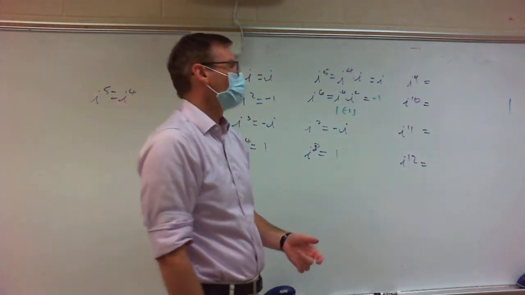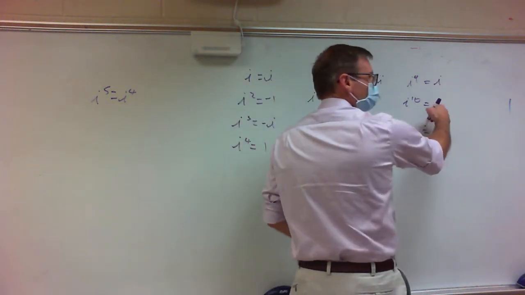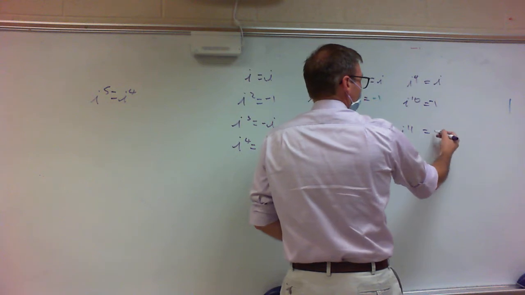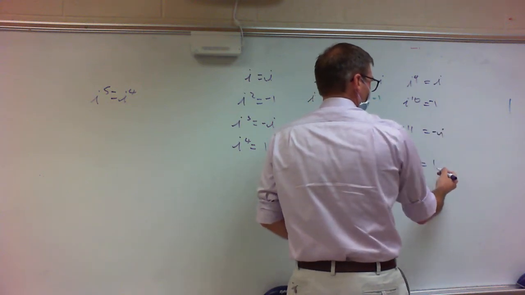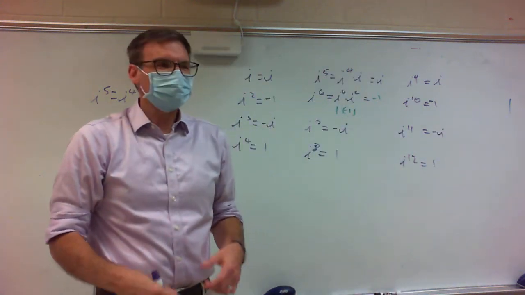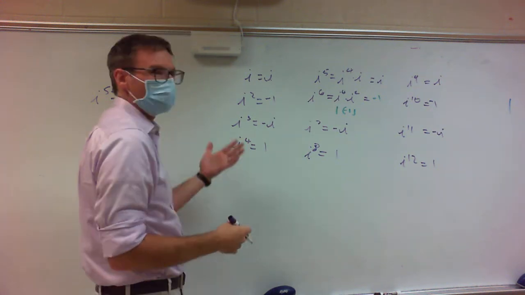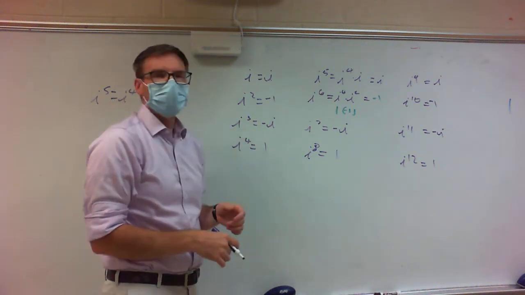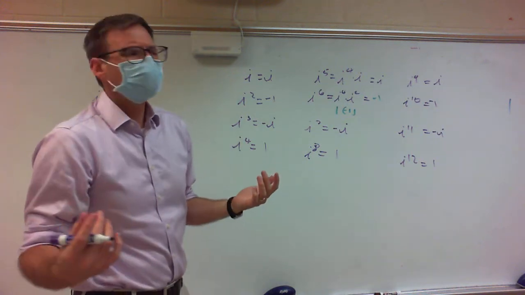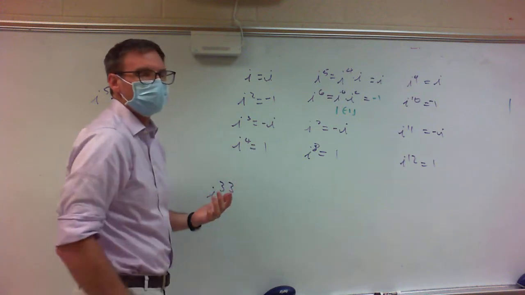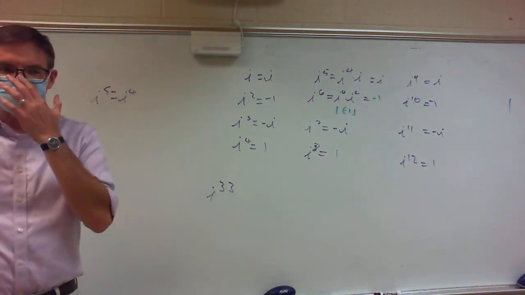I. Then negative 1, negative I, and then 1. We get this little pattern, don't we? This little cycle of 4. It does the same thing over and over. So, how do you answer something like I to the 33rd power, divided by 4?